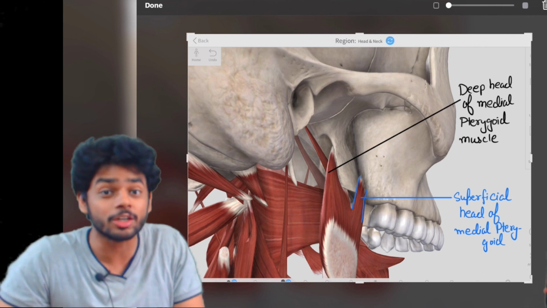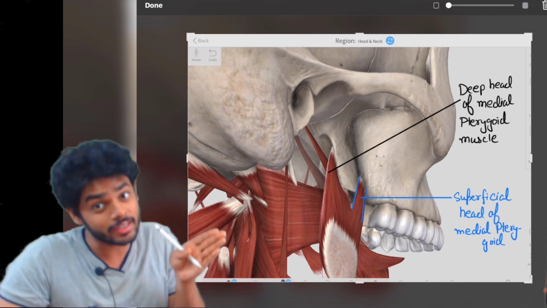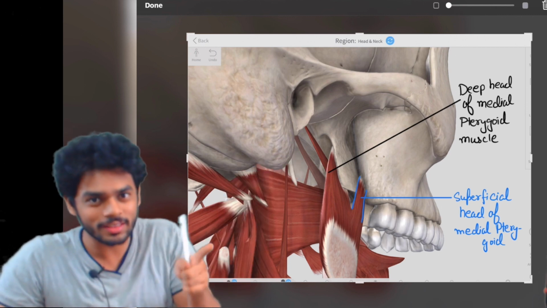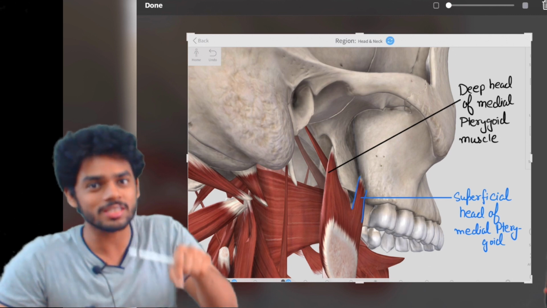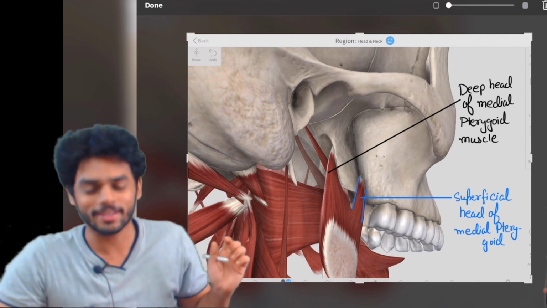Can you see where the tuberosity of the maxilla is, and that the superficial head of the medial pterygoid muscle is attached to that part? Am I clear? So everything which is explained here, which is present in the notes, is clear to you? Am I clear? Okay, fine.